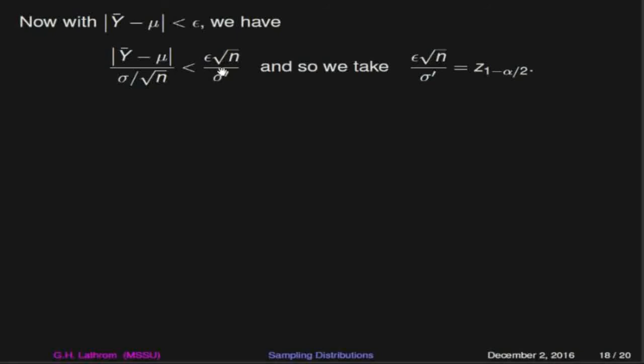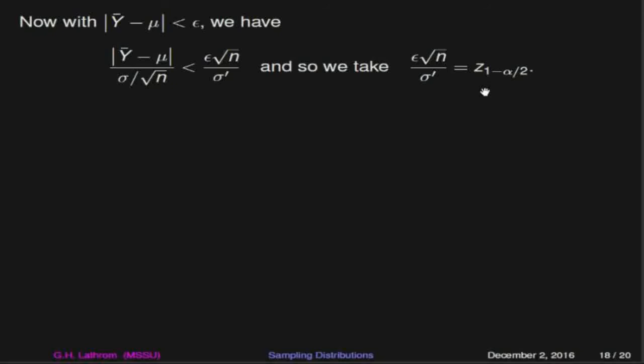Our error is going to be less than our required error bound epsilon, and then we have our root n. Taking that equal to z sub 1 minus alpha over 2, this is preparing for our second experiment.